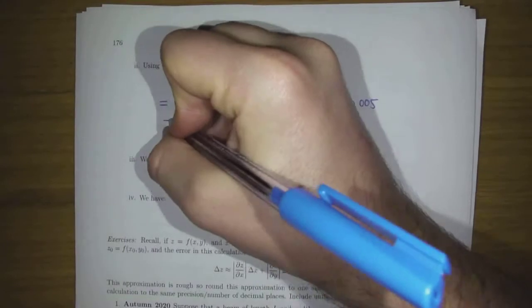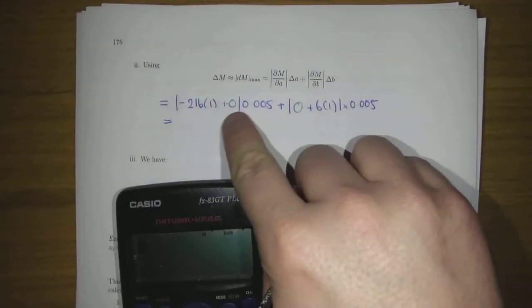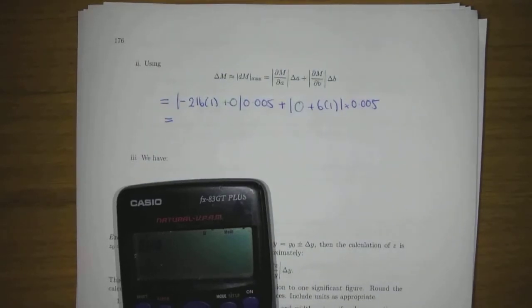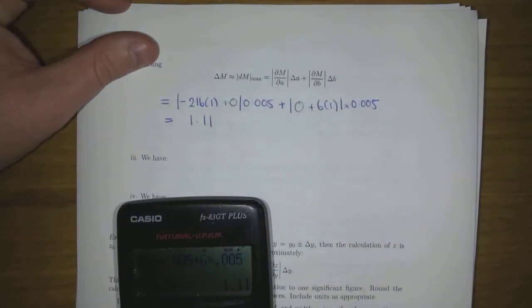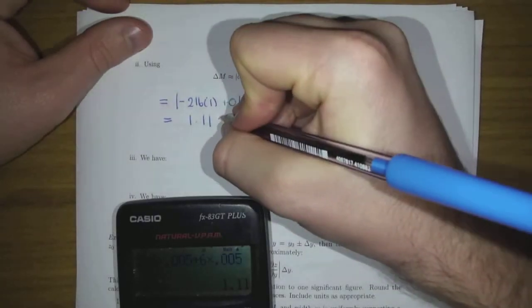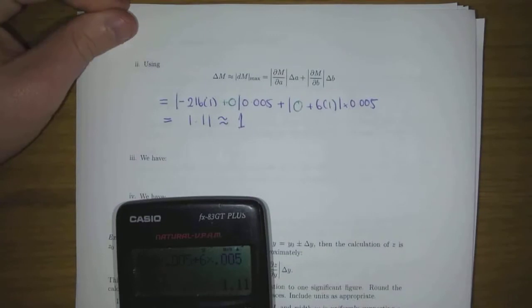So this will be equal to, let's calculate this, now it's minus 216, but with an absolute value is plus 216 by 0.005 plus 6 by 0.005 is equal to 1.11. But we need to approximate that because it's an error to one significant figure, 1, and the units of bending moment is kilonewton meters.